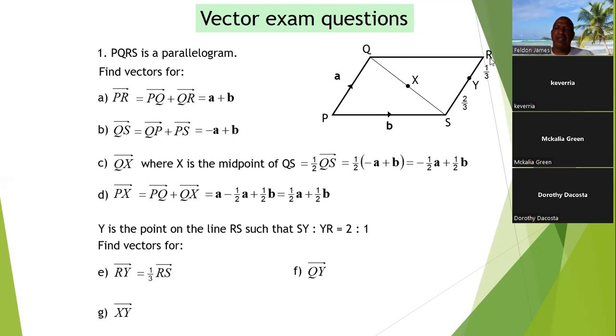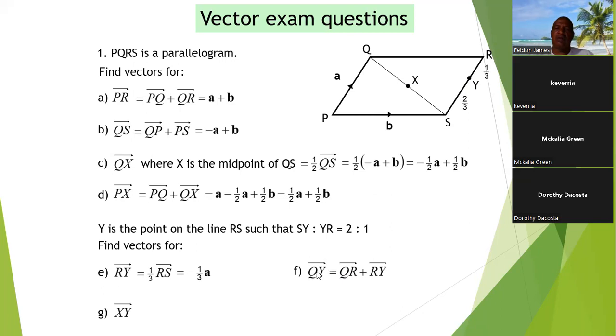You could write it this way too. RY is equal to 1/3 of RS, and that would be minus 1/3 A. So when you get the 1/3 A, you would go from R to Q, then Q to S, and then to that. That's how we got the negative 1/3 A.